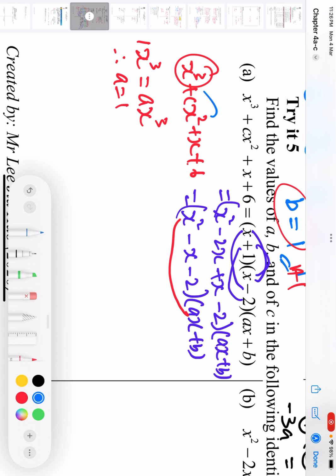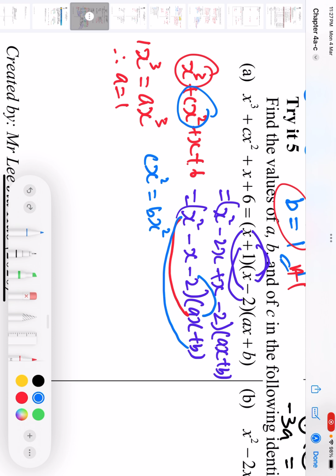The next thing, let's figure out what cx squared is. On the left-hand side, let's see which terms give us x squared. I know x times b gives bx squared. Is there any other possibility? Negative 2 times ax gives negative 2ax. My apologies.